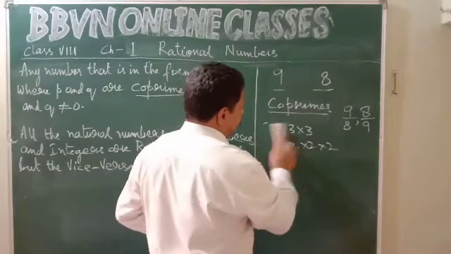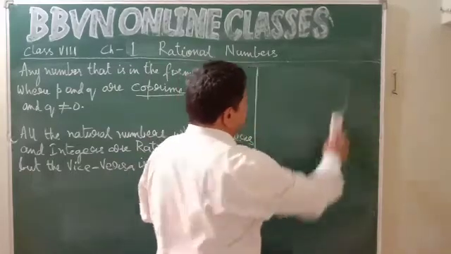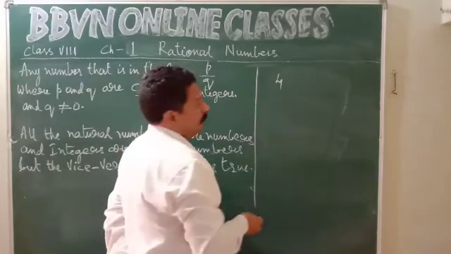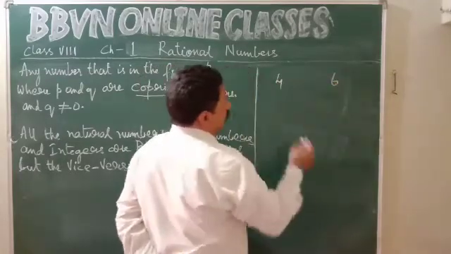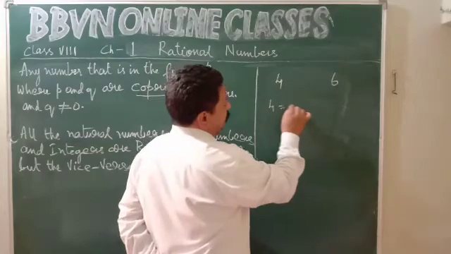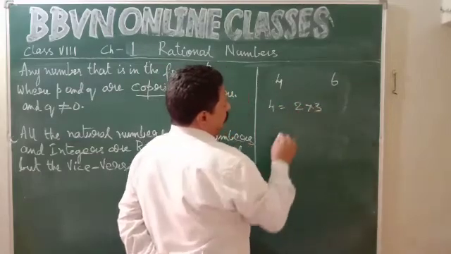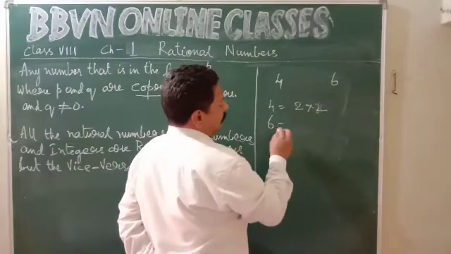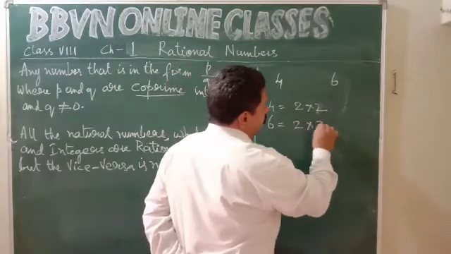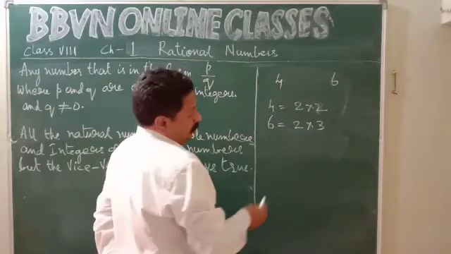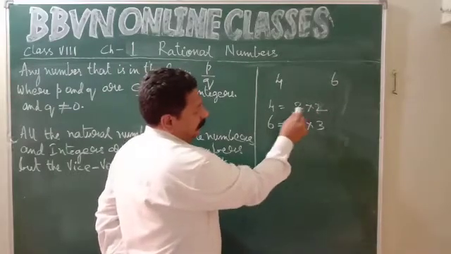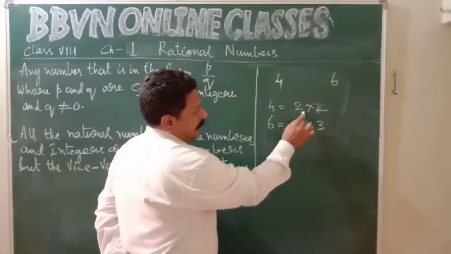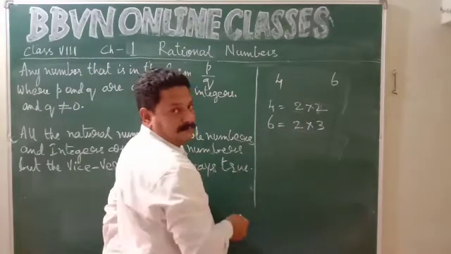But if you see 4 and 6. What is the prime factorization of 4? 2 into 2. Prime factorization of 6, 2 into 3, right? We see that in the prime factorization, both 4 and 6 have a common factor, okay?